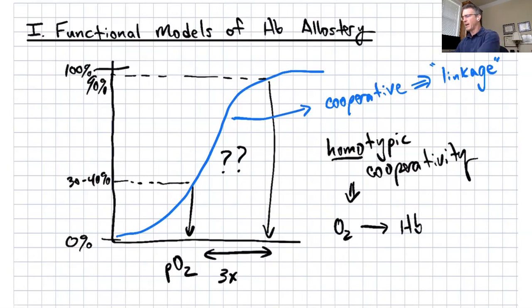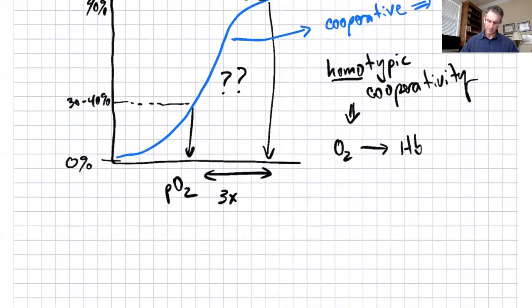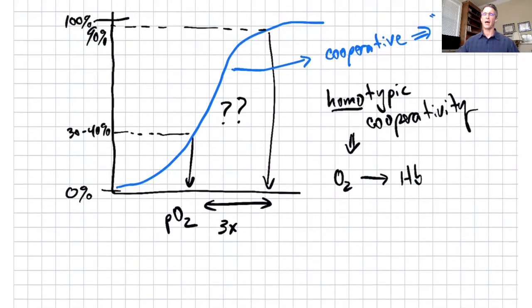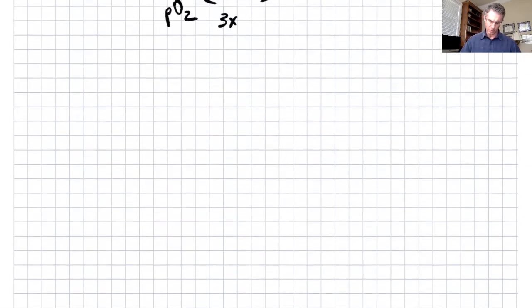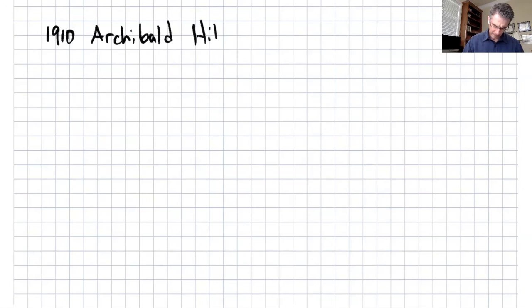Okay. The idea that something was really weird with hemoglobin, that something not like other binding interactions with other simple protein systems had to be the case with hemoglobin, was really first recognized some time ago and taken head on in a quantitative way to begin with in around 1910 by a man named Archibald Hill, right?